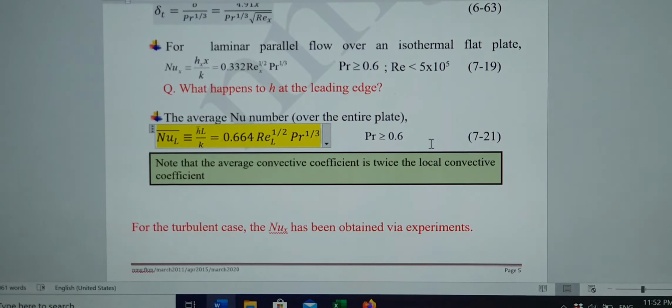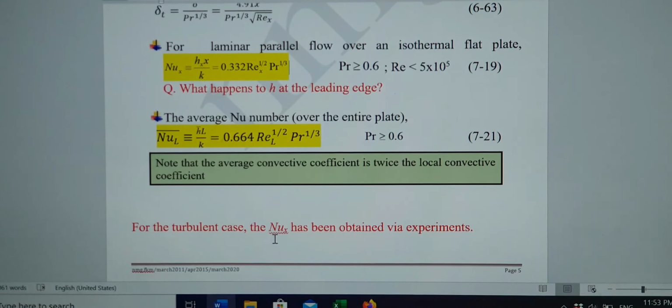That equation, and the condition is Prandtl number must be greater than 0.6. So you note that the average convective coefficient is twice the local convective coefficient. See, 0.664 is twice 0.332. For the turbulent case, the Nusselt number has been obtained through correlations.